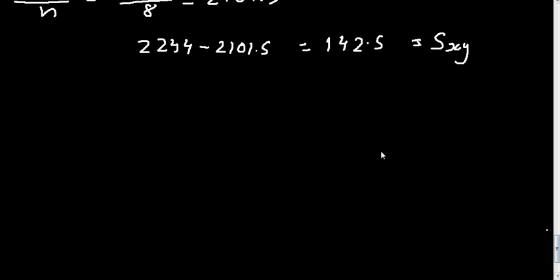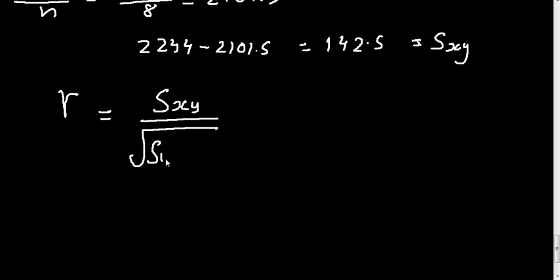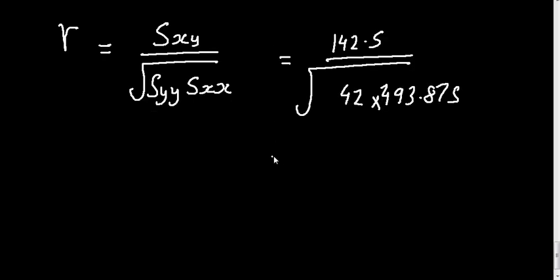The PMCC, which you give the notation r, is calculated using the sxx, the sxy and the syy. You've got to divide the sxy term by the square root of syy times sxx. If I do that, I get this result, 0.989.